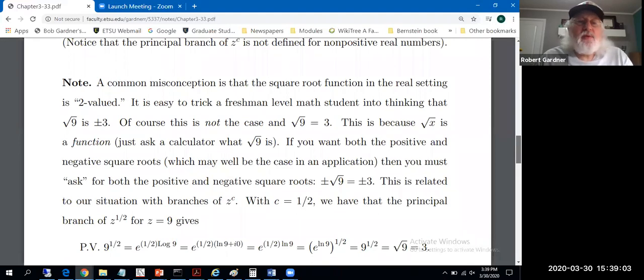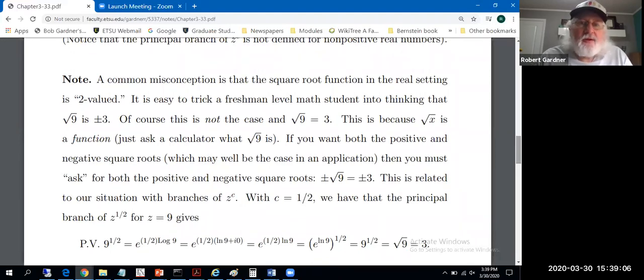Speaking of square roots, let's look into the square root of 9 thing again. Of course, the square root of 9 is 3. It's not plus or minus 3. If you want plus or minus 3, and it could well be in applications that you do, you've got to ask for it. Plus or minus the square root of 9 is plus or minus 3. The square root of 9 is 3.